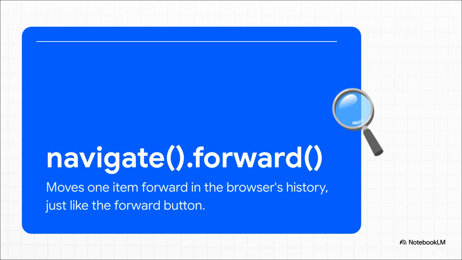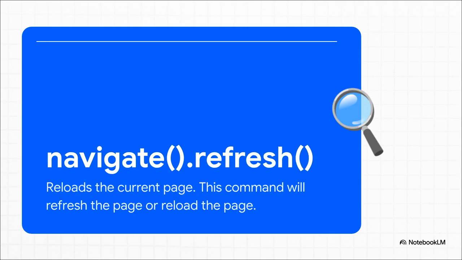And of course, any good remote control that lets you go back has to let you go forward, right? So, navigate.forward moves you one step ahead in your browser history. And to round out our little remote control, we have navigate.refresh. This reloads the page you're on.